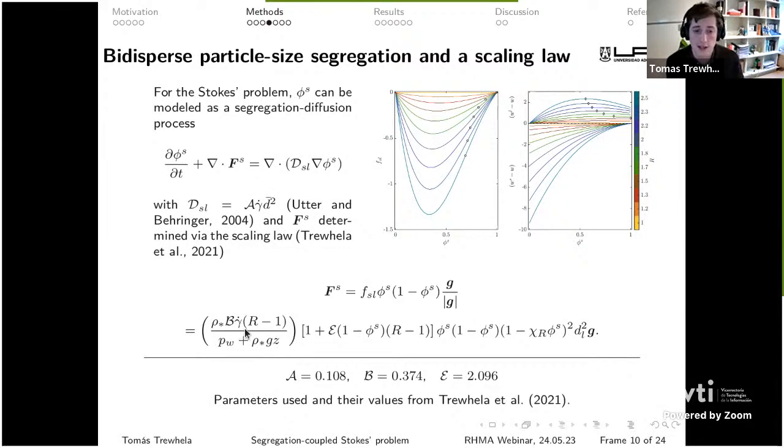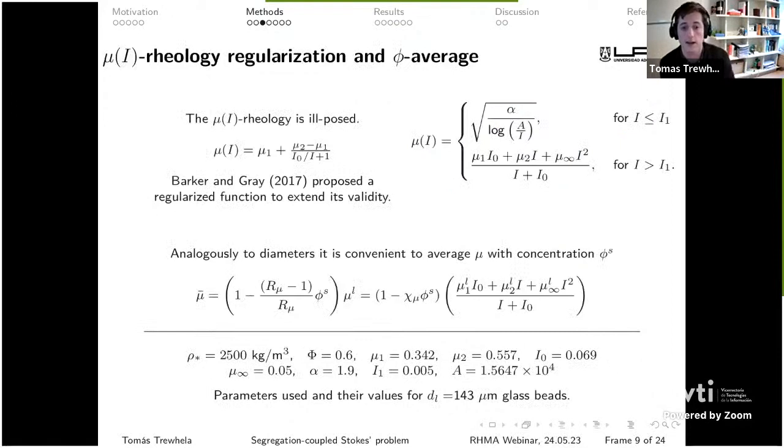So the interesting thing is that now you see why the coupling between segregation and rheology happens, because you have a shear rate dependence here as well as a pressure dependence here for the thing that is setting the segregation within the bulk. With the shear rate affecting the segregation flux, and here phi s affecting the rheology, basically, we have the coupled problem.